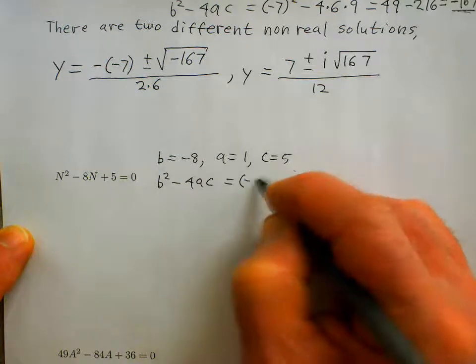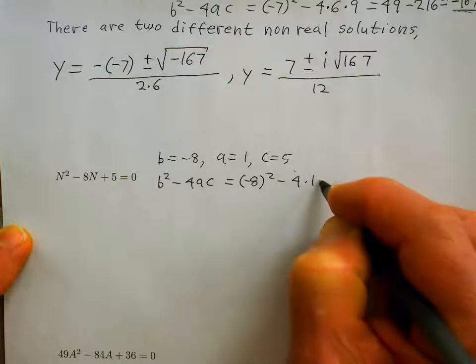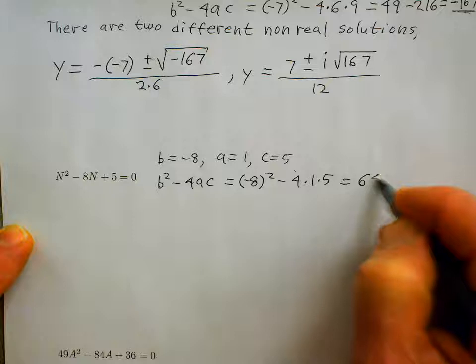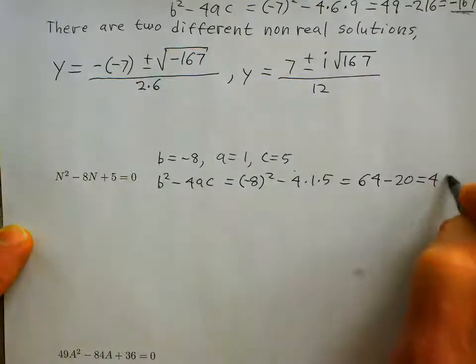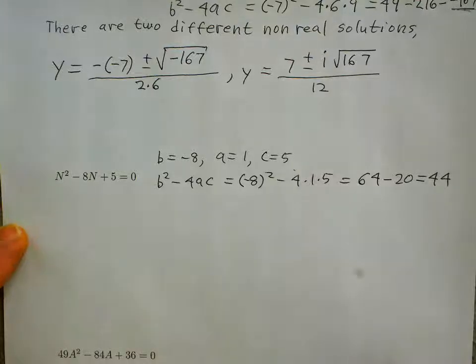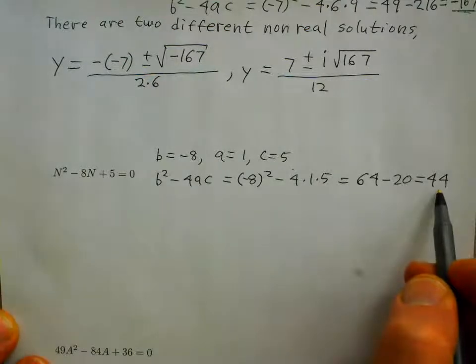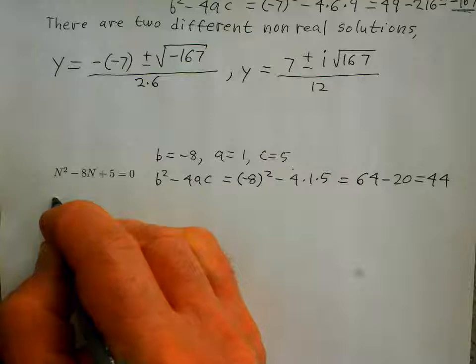The number -8 squared minus 4 times 1 times 5 is 64 minus 20, or positive 44. Okay, since the discriminant is positive, that means there are two different real solutions.